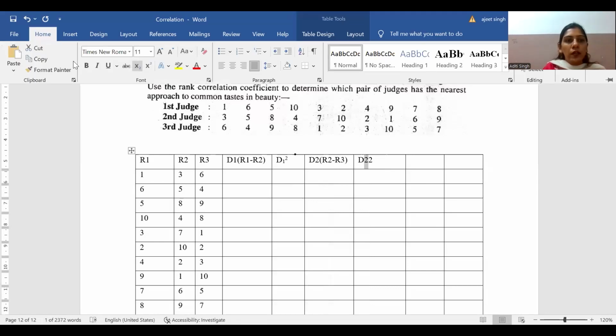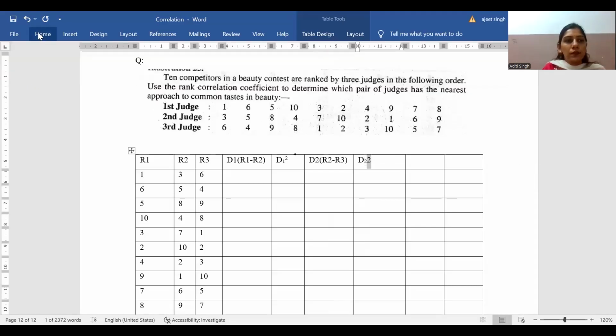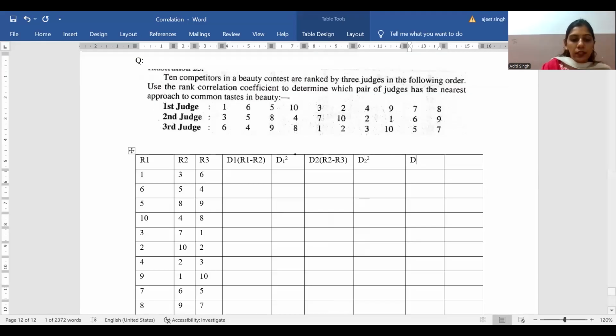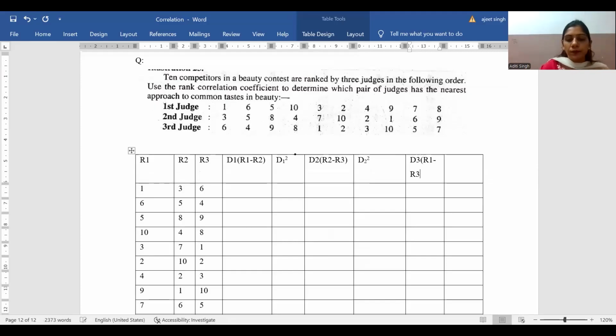Understood? Now the last difference is D3, which is R1 minus R3, and then D3 square.